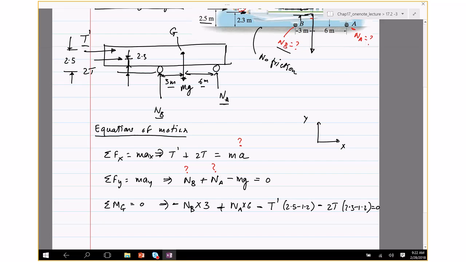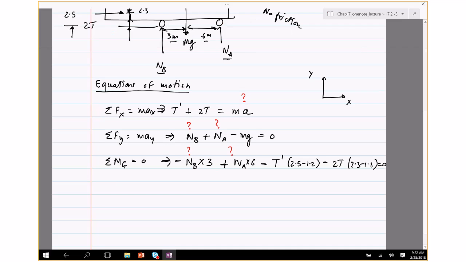Okay, so right now we have three equations and three unknowns.